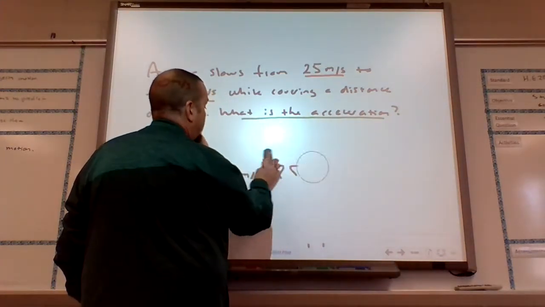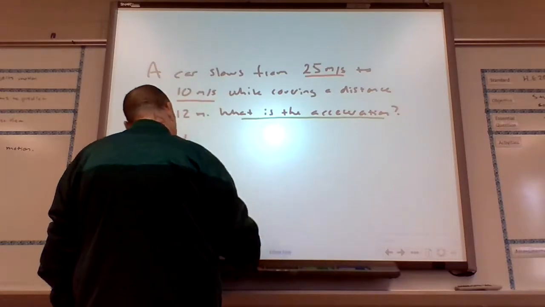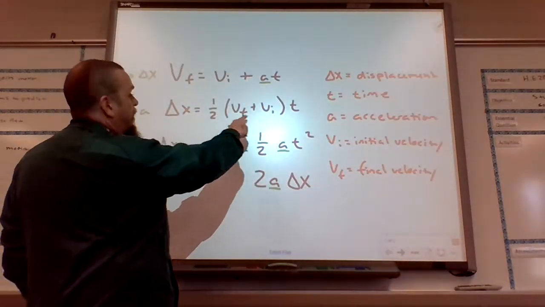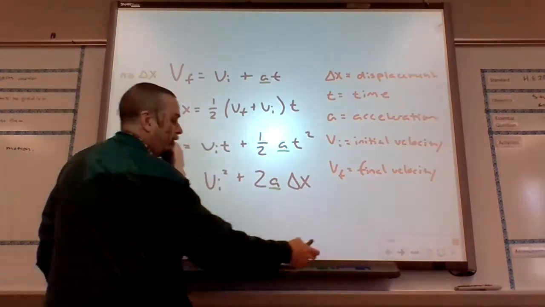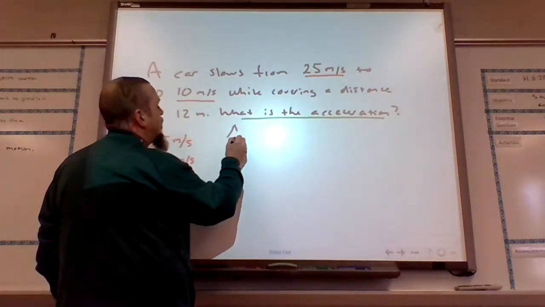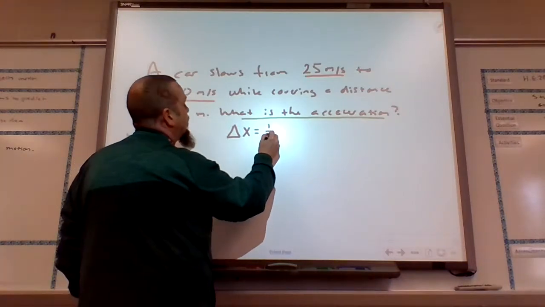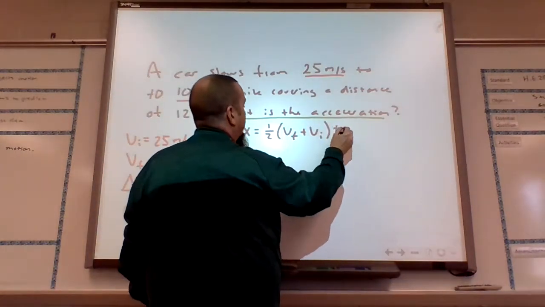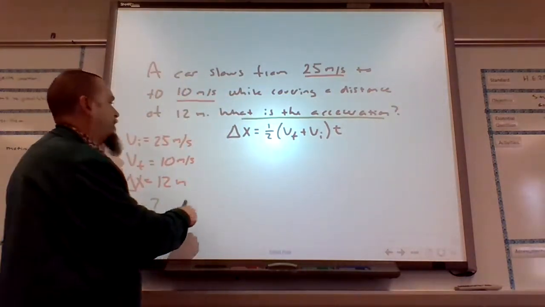It comes down to what makes sense to you, what you see, what you feel comfortable with. And I have everything I need to find the time of this one by using that equation. Delta x equals 1/2 VF plus VI times t. But delta x is 12 meters.